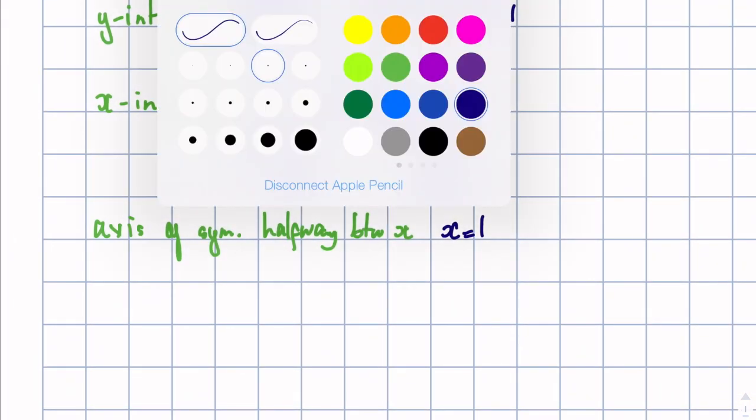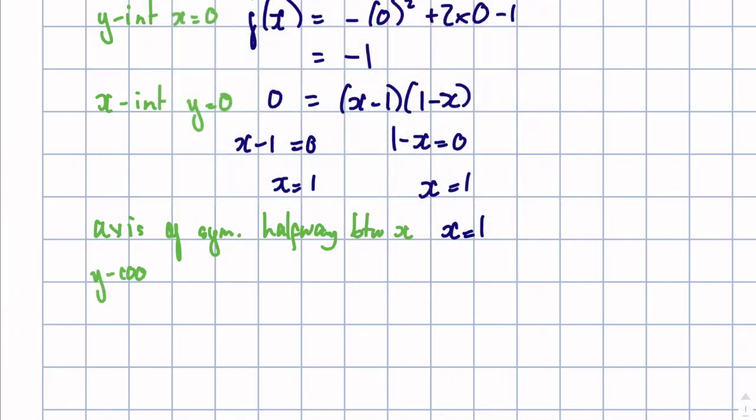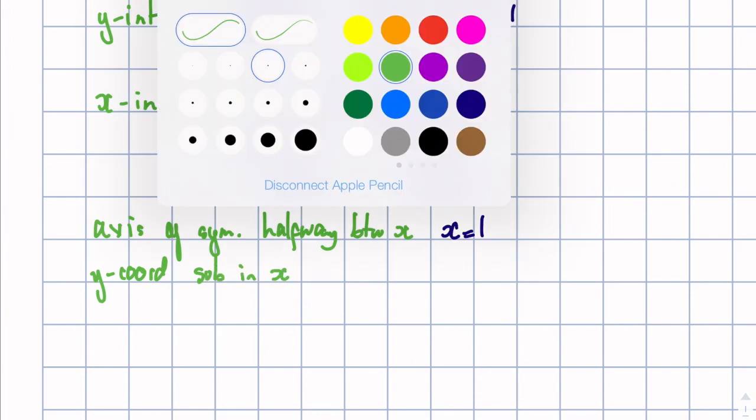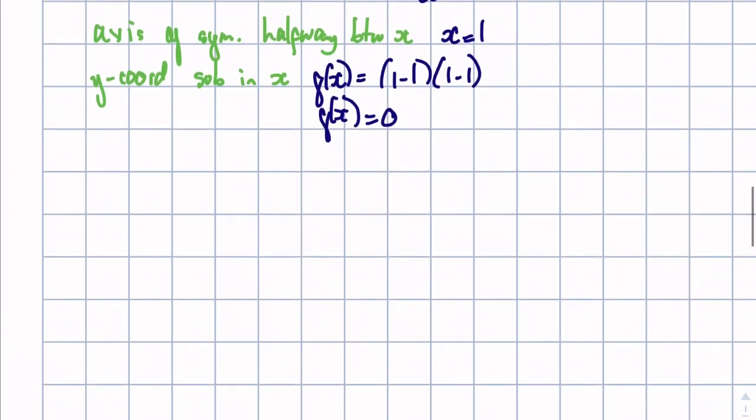The y coordinate, we just sub that in. Y coord, sub in x. Okay, so we've got f of x equals 1 take 1, 1 take 1. It's going to be 0, which we knew because the axis of symmetry was exactly at the x-intercepts.